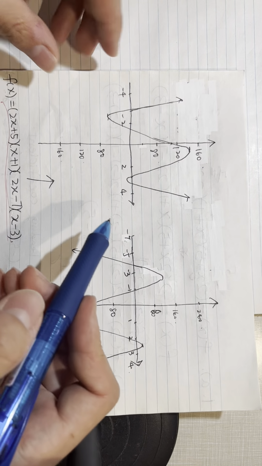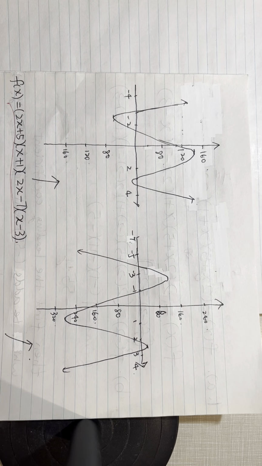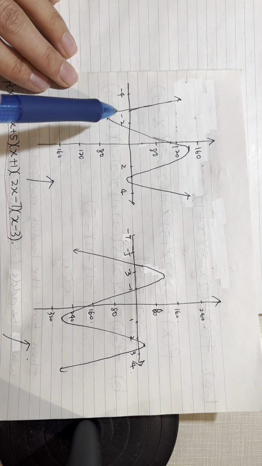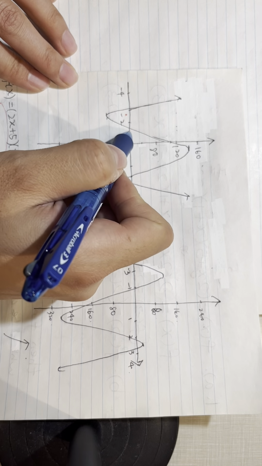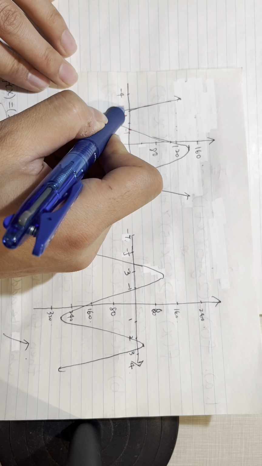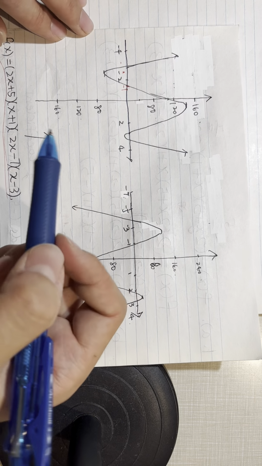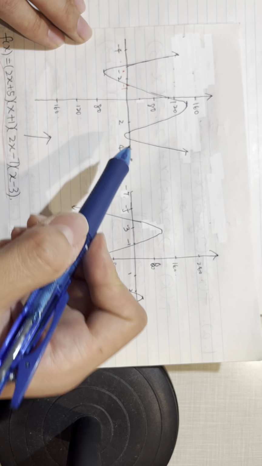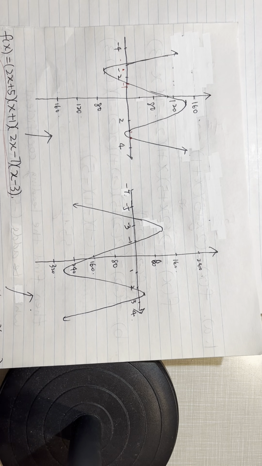We have all our zeros here: -5/2, -1, 7/2, and 3, four zeros.